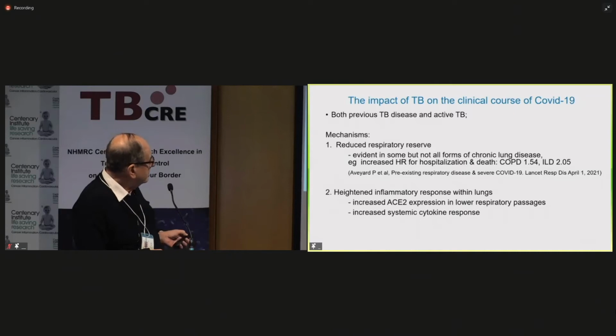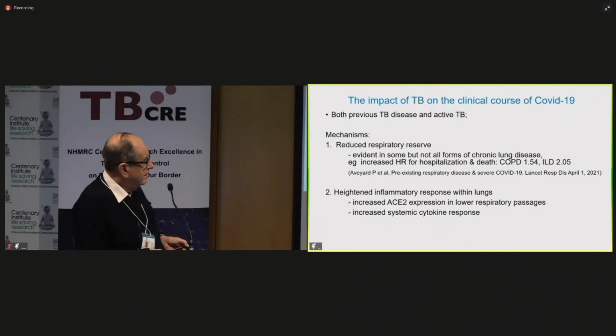And the mechanisms of this broadly could be through two mechanisms. One is the simple but significant reduction in respiratory reserve, which is evident in some but not all forms of chronic lung disease.